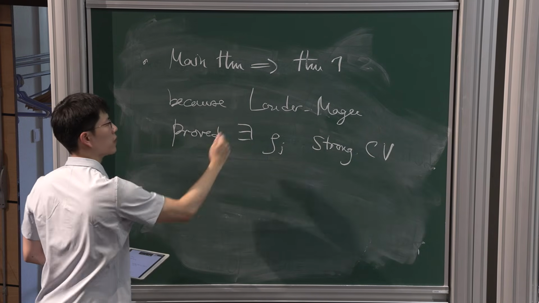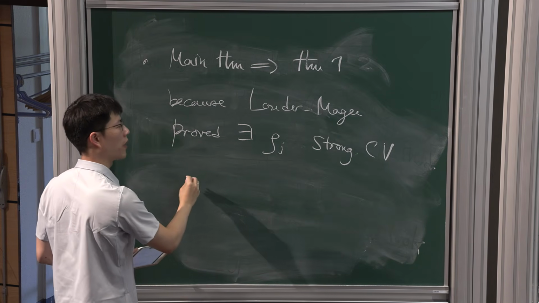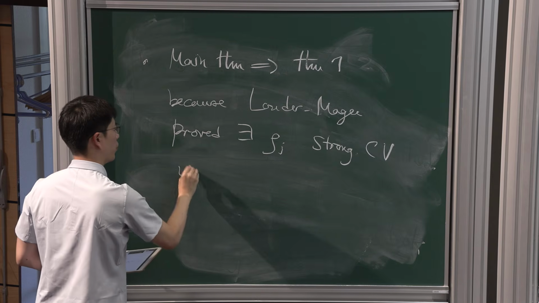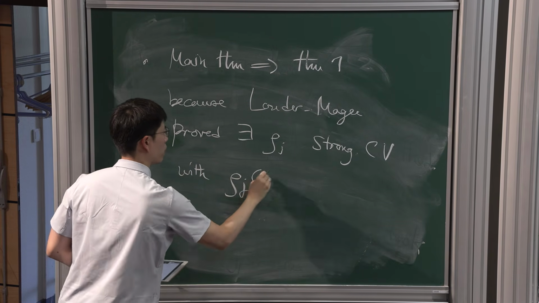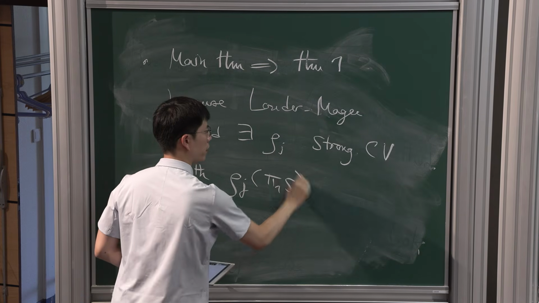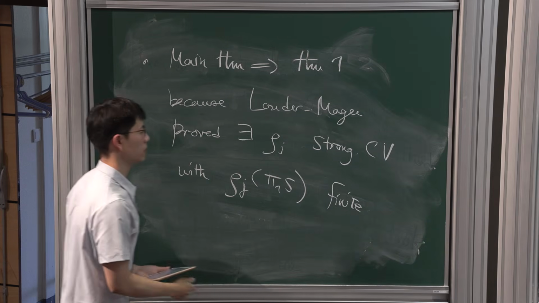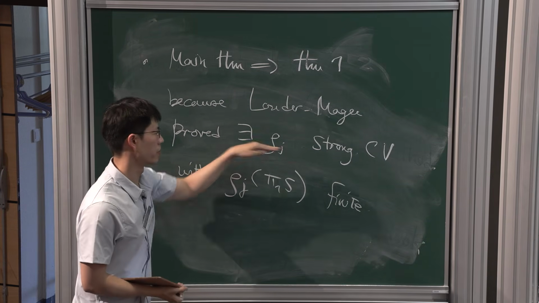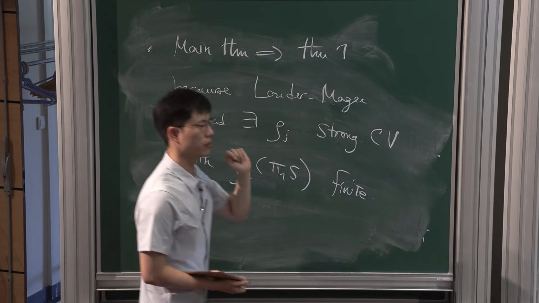So they can construct a sequence of strongly converging isometric actions with finite image. The key point here is that such a sequence exists, that strongly converging sequences exist.